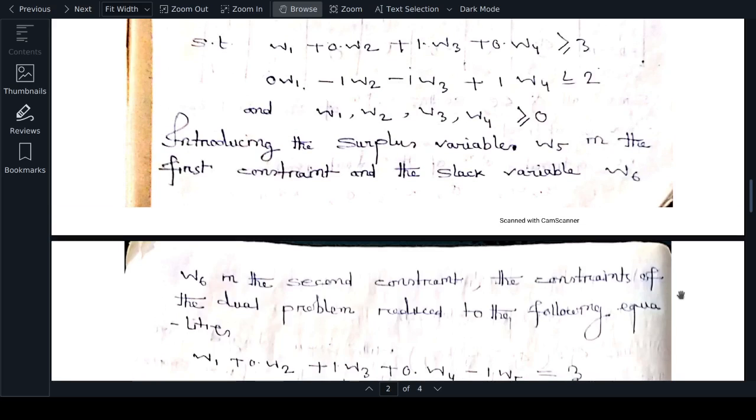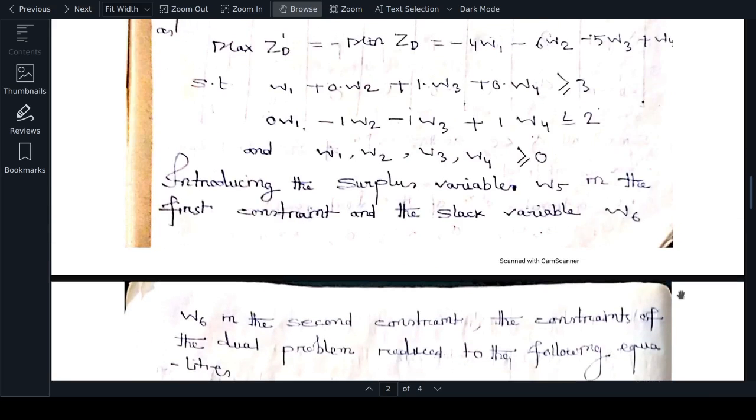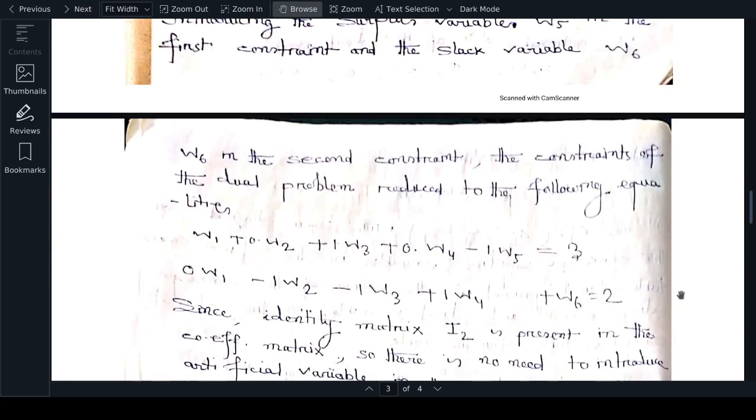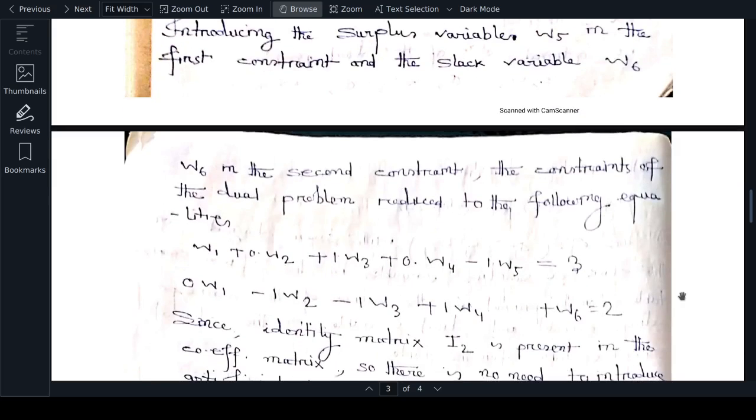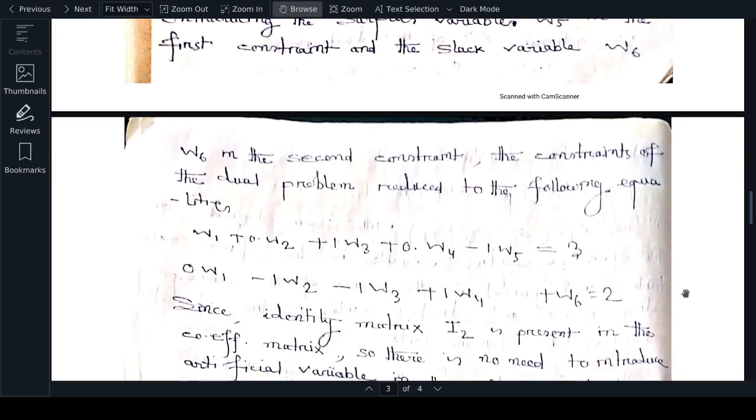And the second constraint will be 0 into W1 minus W2 minus 1 into W3 plus 1 into W4 plus W6 equal to 2. And the next question arises: why will we not use an artificial variable in the first constraint?